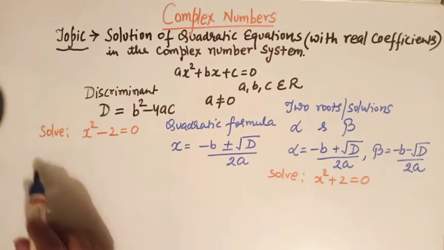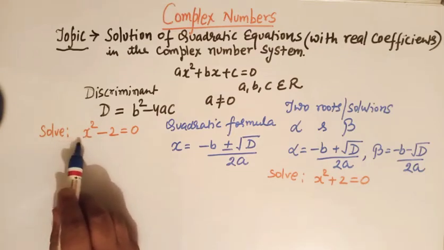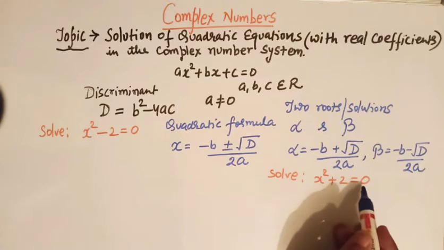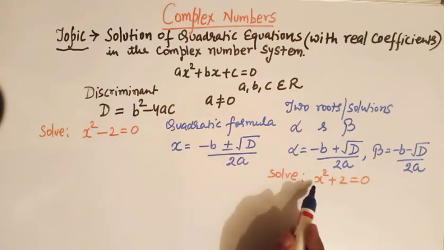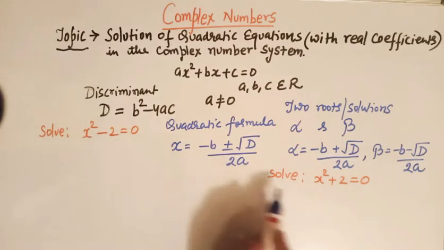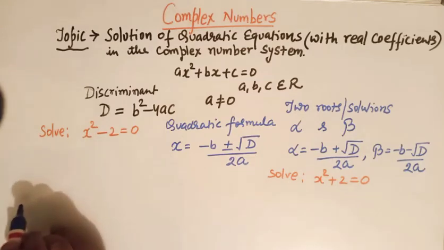Now viewers, here I have written two equations. This is x square minus 2 equal to 0, and here we have x square plus 2 equal to 0. Both these equations are quadratic equations. Now let us solve these two equations and see the nature of roots.